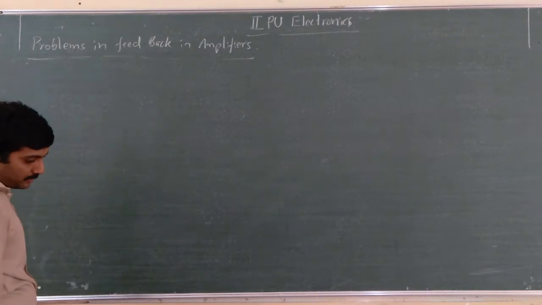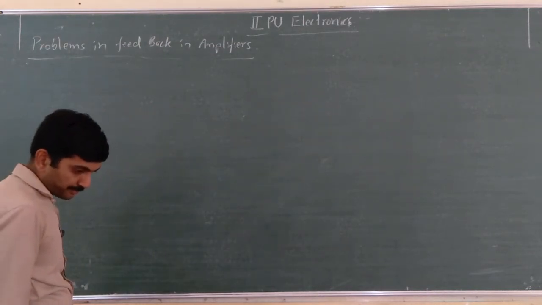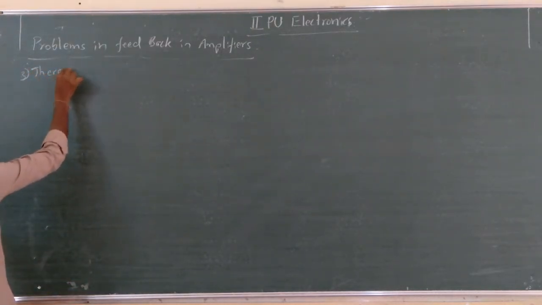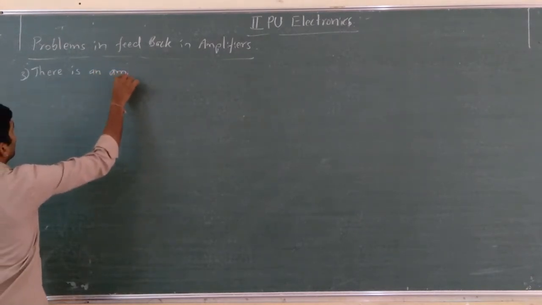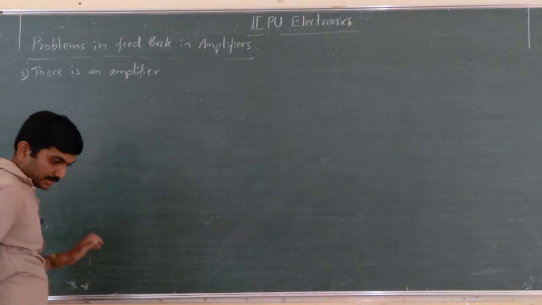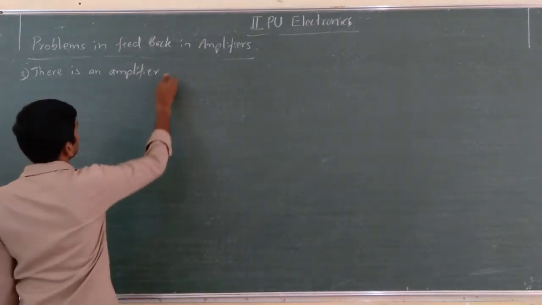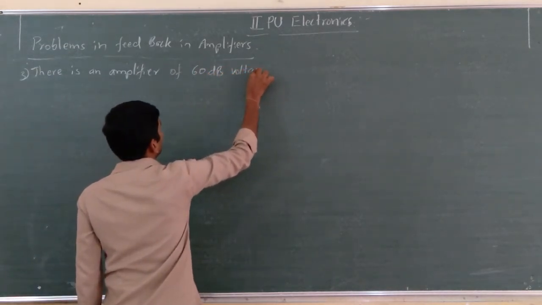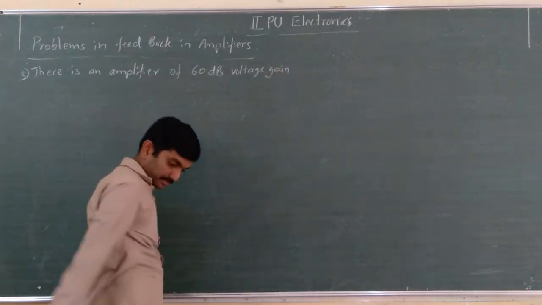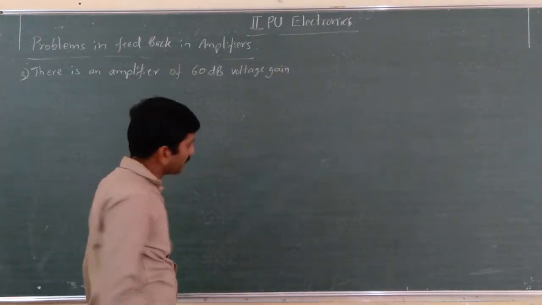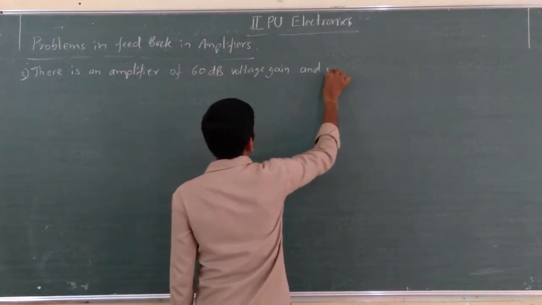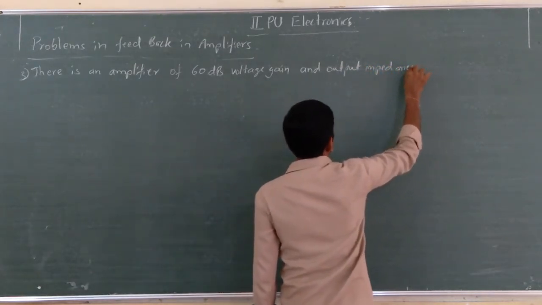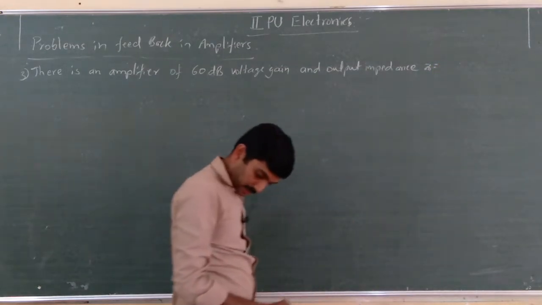Next problem: there is an amplifier of 60 dB voltage gain and output impedance Z naught equal to 12 kilo ohm.